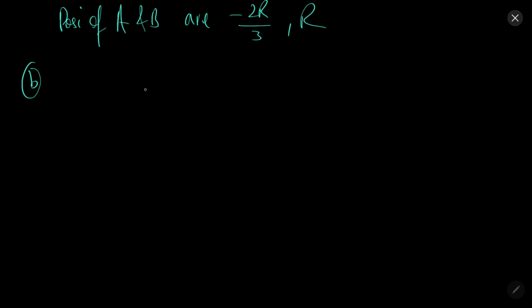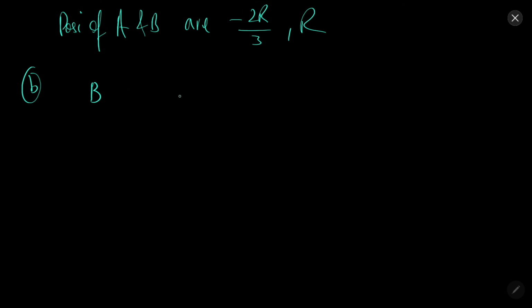B part. So in this scenario for block B, the image is at the same place as at R. So position of the image will be 0 from the origin, it will be at the origin.